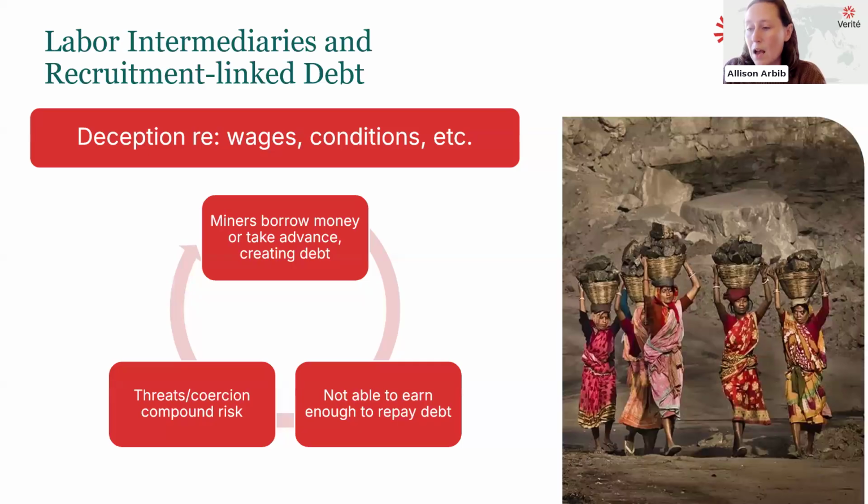These are recruiters. In the India example, they were taking the money directly from the quarry owners themselves. Here we're talking about labor intermediaries taking advances from recruiters who are selling them on promises of high pay, good conditions, the ability essentially to strike it rich, right? We've heard that in gold rushes all over the world, all throughout history.